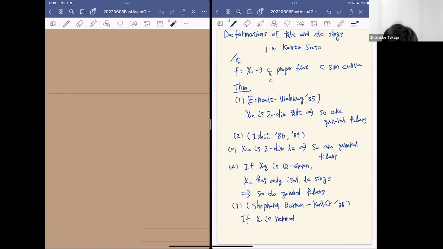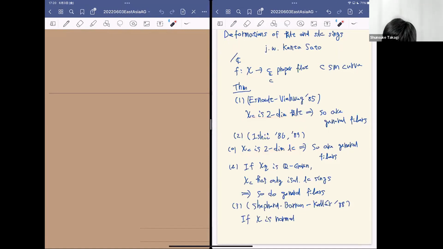In the results of Nakayama-Kollár or Ishii, the total space X is automatically normal, because the special fiber is KLT or log canonical, which implies the special fiber is normal, and once the fiber is normal, the total space is normal around that fiber.